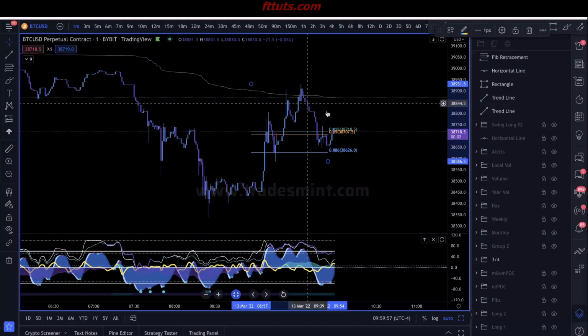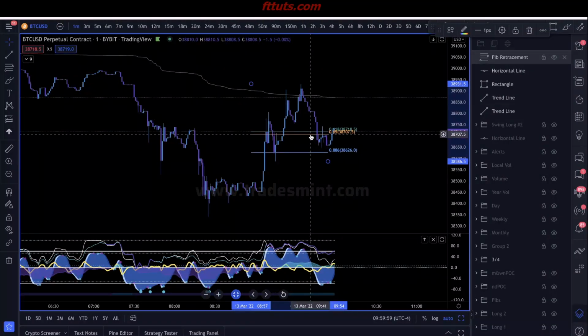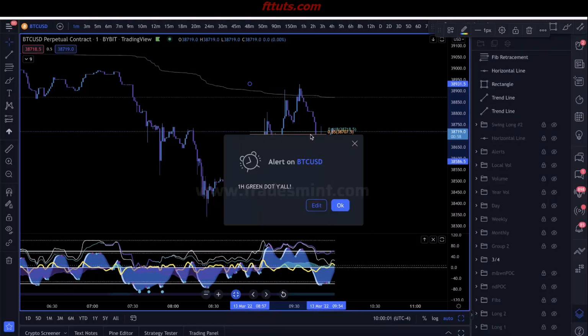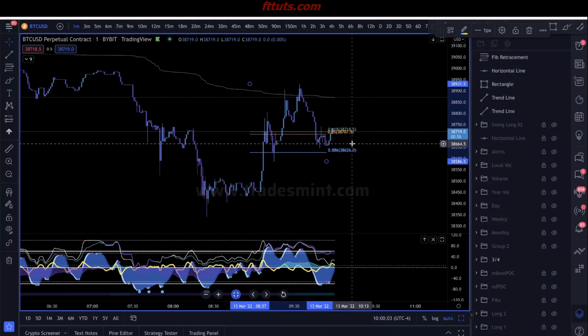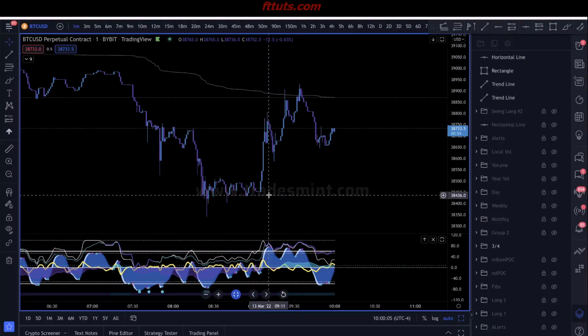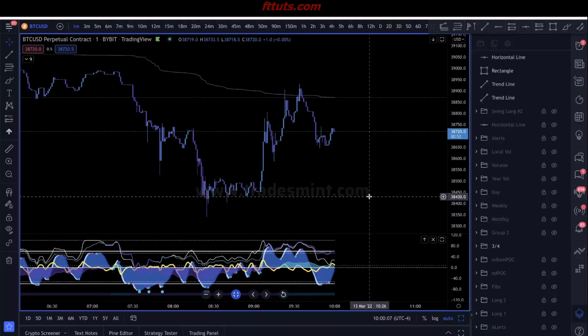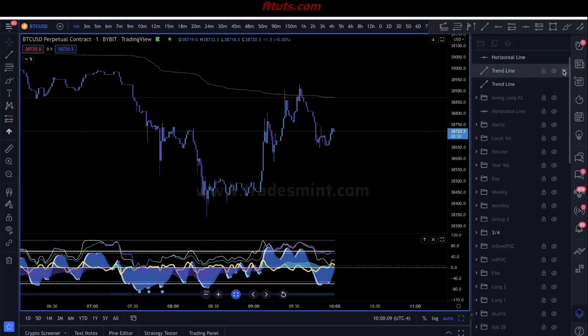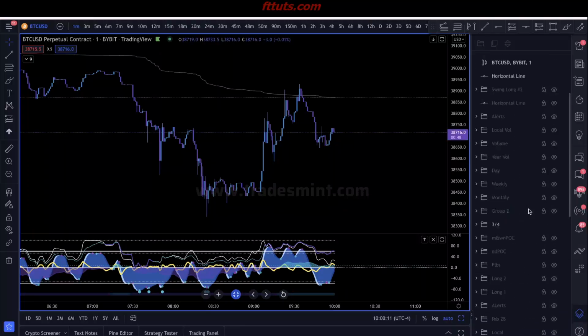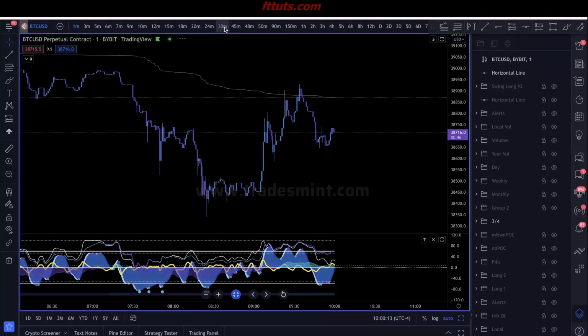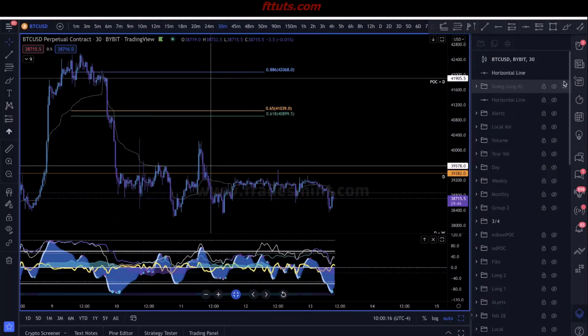If we go over to this area right here, and this was a pretty juicy morning so far. I took a few scalps here. That was the past 10 days. Let's go to a 30-minute chart, and we can see that things are a little bit different.